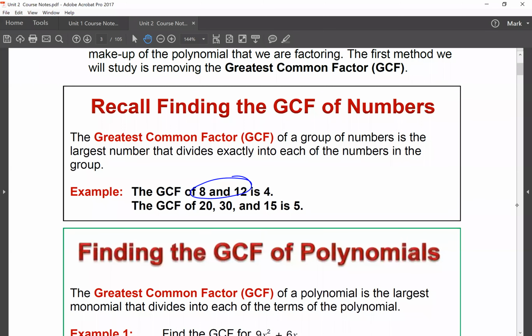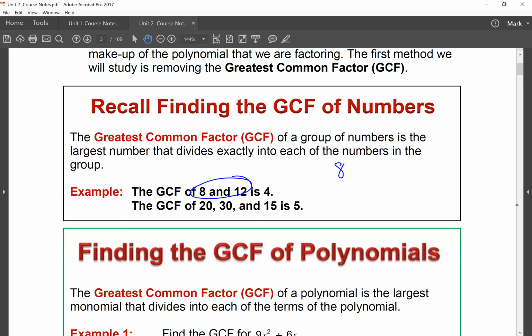What about 2? 8 divided by 2 is 4, and 12 divided by 2 is 6. So that's good. But I think there's a bigger number here, and that bigger number is 4. There's nothing bigger than that. So 8 divided by 4 and 12 divided by 4. This is the greatest common factor, 4. 4 is the biggest number that goes into all of those numbers.